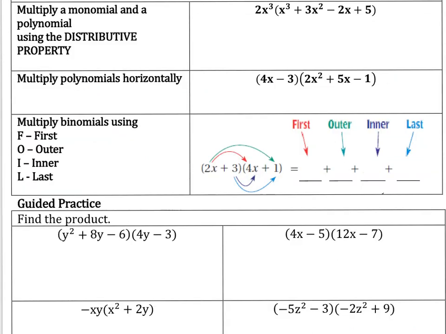Okay, now we're going to look at a more complex problem where they want you to multiply a monomial with a polynomial, also using the distributive property. So here I have a monomial 2x cubed multiplied to a polynomial with 4 terms. So now I'm going to take 2x cubed and multiply it by x cubed.